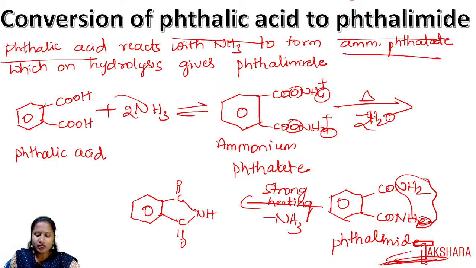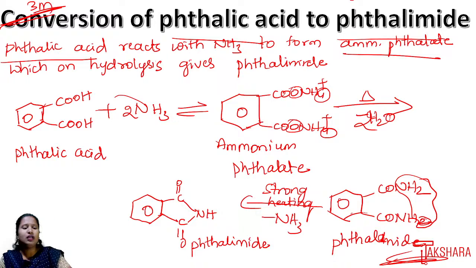So this product is called phthalimide. So sorry, this is phthalimide. So we get phthalimide as the product. This is also very, very important for the exam. Maybe they'll ask for 3 marks. So there are chances of a 3 mark question.